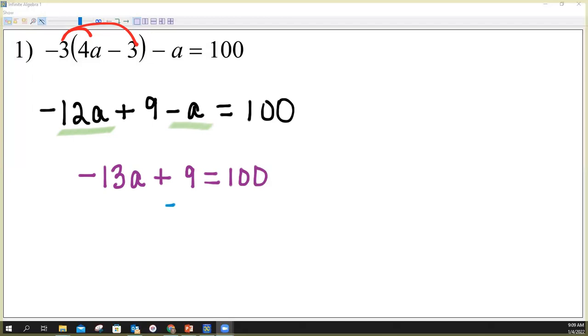And now we're going to subtract the 9 from both sides, which is -13a equals 91. And then your last step is to divide by -13. So we're going to take 91 divided by -13, and you should get -7.